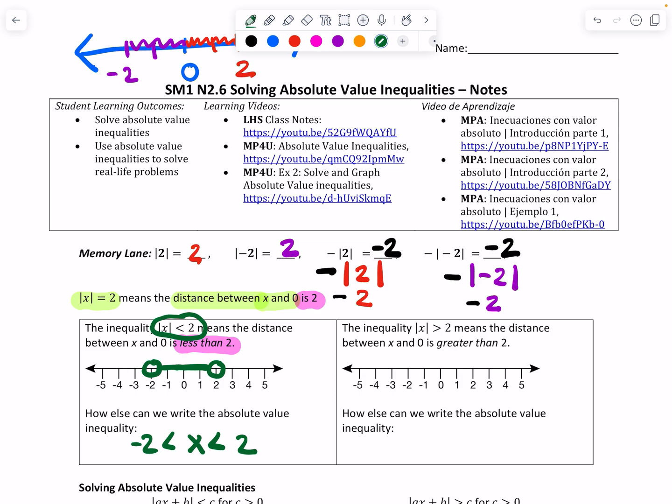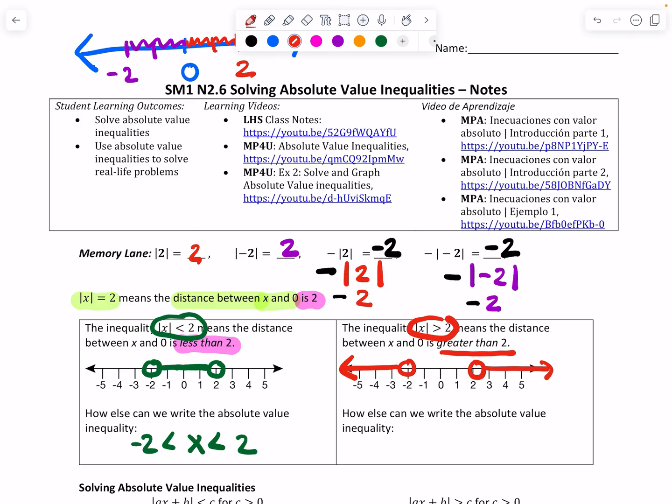If we have the inequality, the absolute value of x is greater than 2, what that means is the distance between x and 0 is greater than 2. So greater than 2 would mean it's on the outside. Any of these x values, the absolute value of it would be more than 2. Like the absolute value of 5 is 5.